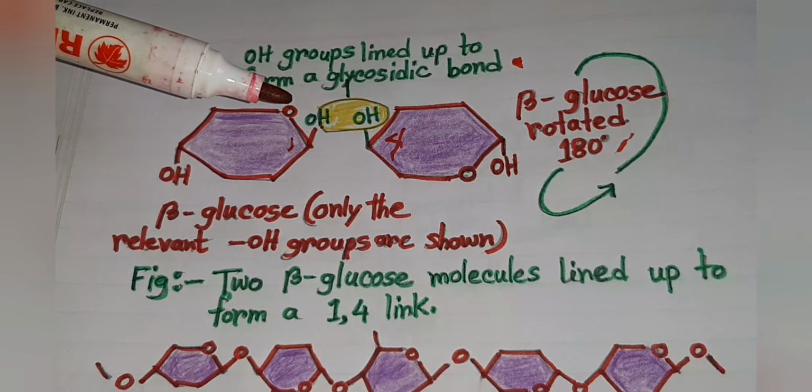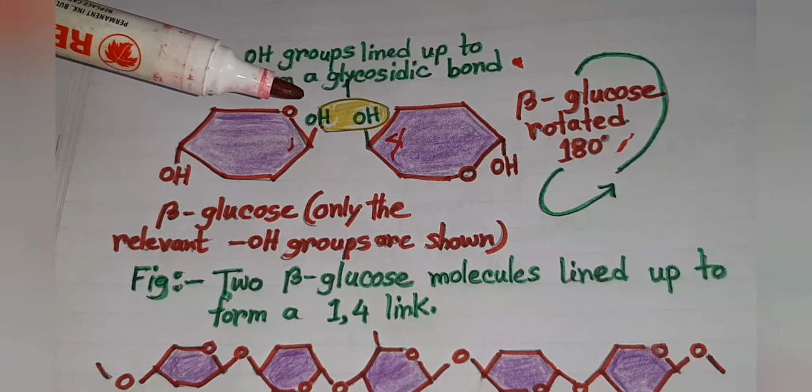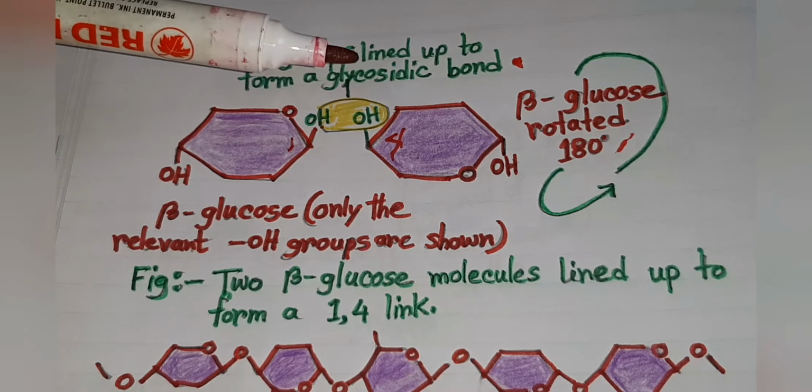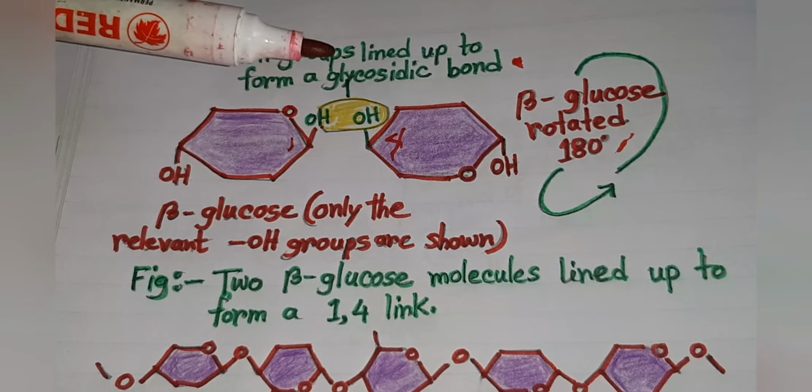Di means two. The bridge is called a glycosidic bond. This bridge is called a glycosidic bond.